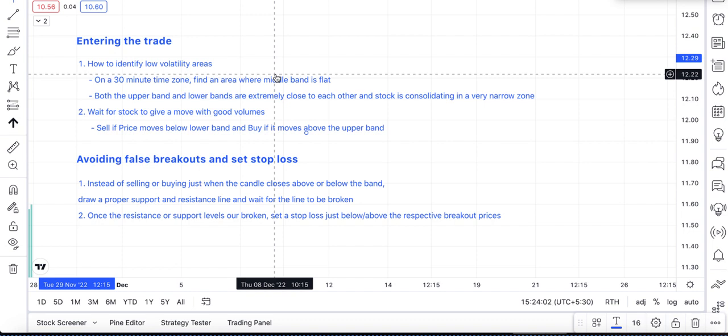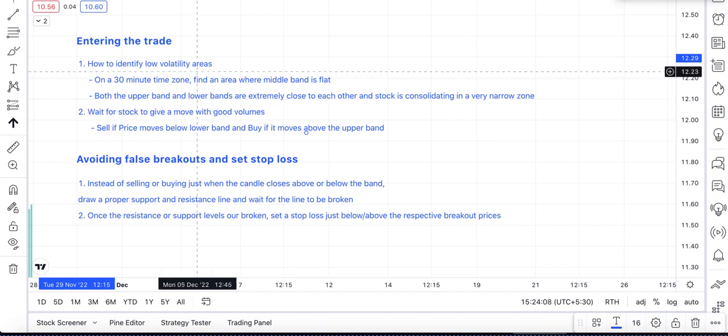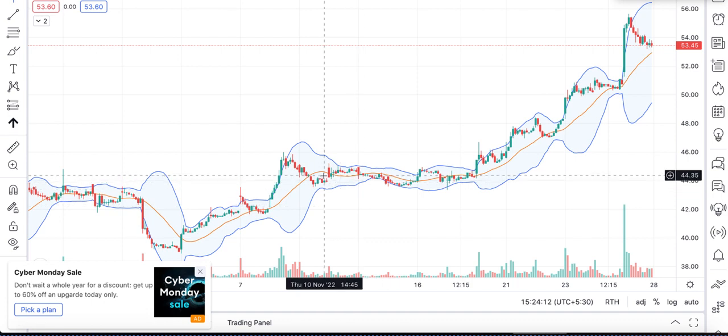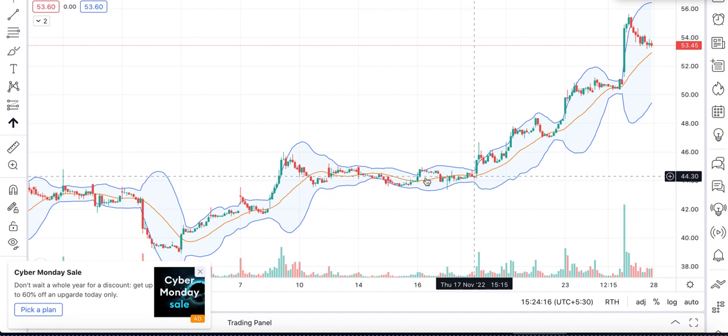So coming back to how you can identify the trade, the first important thing to identify over here, and we'll jump to PNB share, is that you find a zone where the mid band has been almost flat, which means that the stock has been relatively static in frame of that stock.